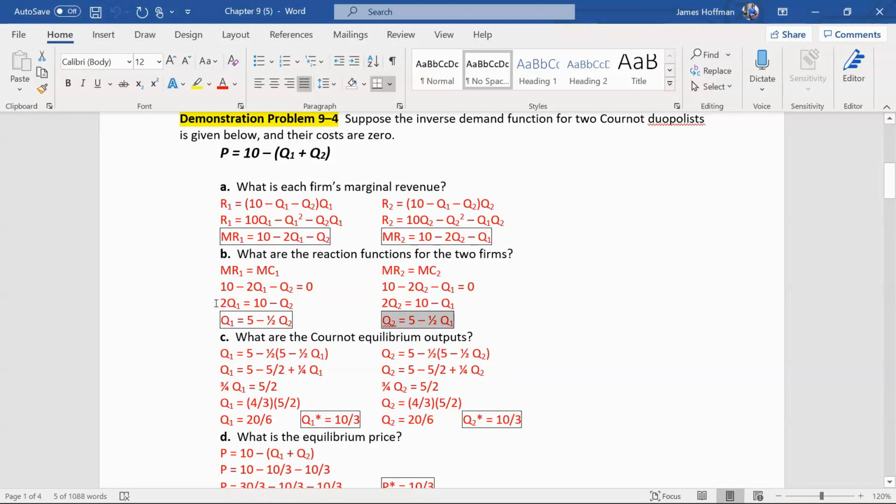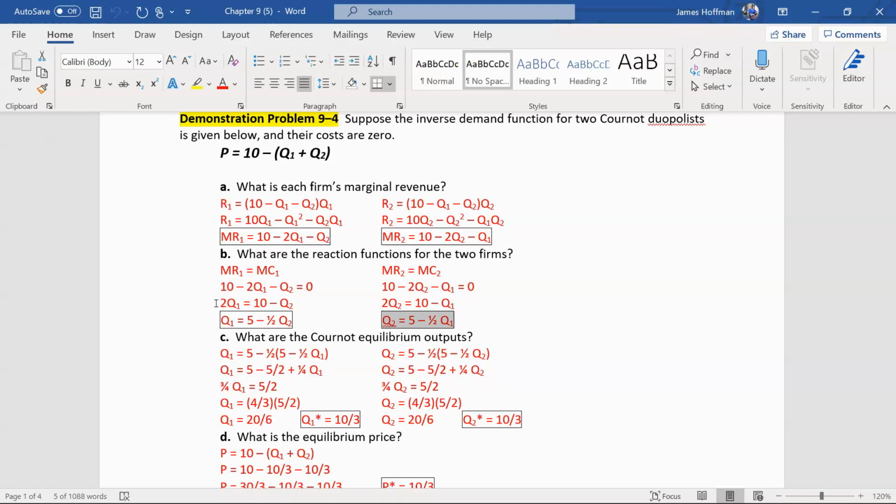So this is firm 2's reaction function. And so see the symmetry. Firm 1's reaction function is 5 minus 1/2 Q2, and firm 2's reaction function is 5 minus 1/2 Q1. So that's each firm's optimal output choice based on the other firm's output.